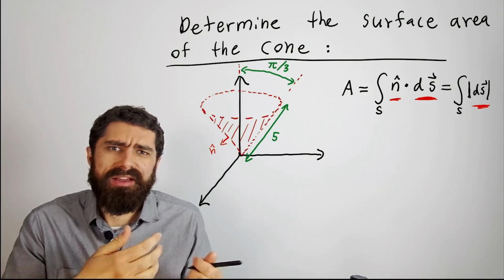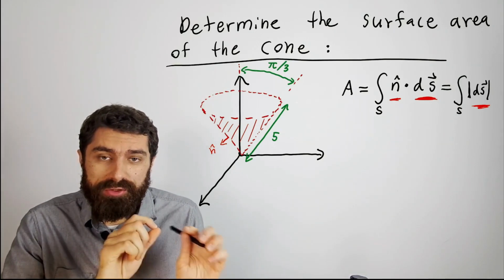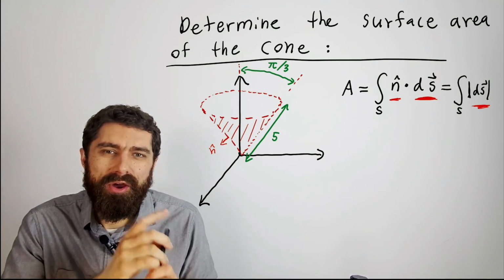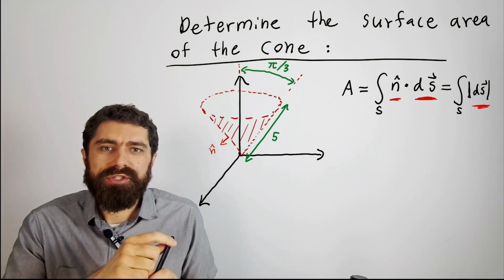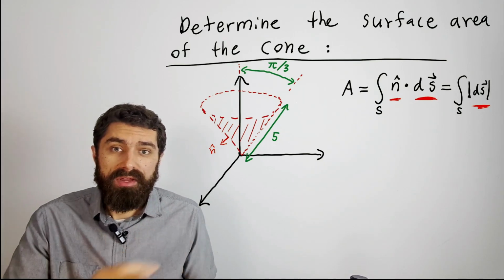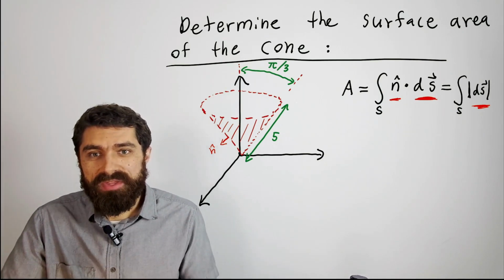First, what we have to decide is what coordinate system we're going to use. And our choice of coordinate system will either make our lives easier or harder. I am going to choose the spherical coordinate system in this problem because it will make our ds expression very simple.